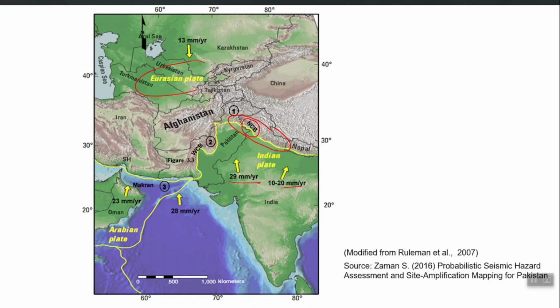So the Eurasian plate and the Indian or Indo-Australian plate have a direct collision towards the north, but towards the south we have a transform boundary, because the movement directions are almost opposite and they sometimes slide past each other.